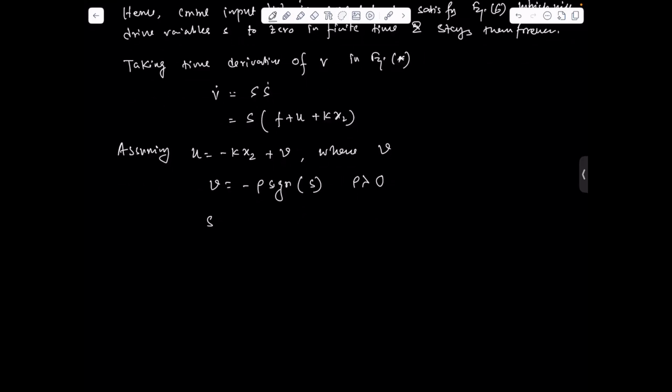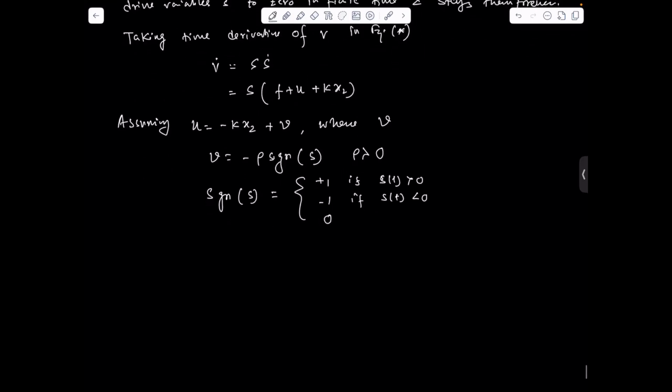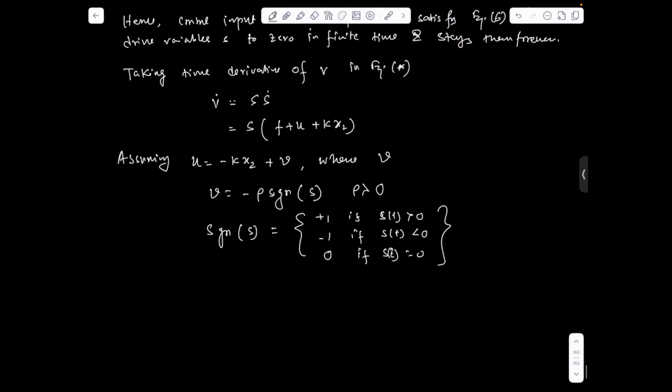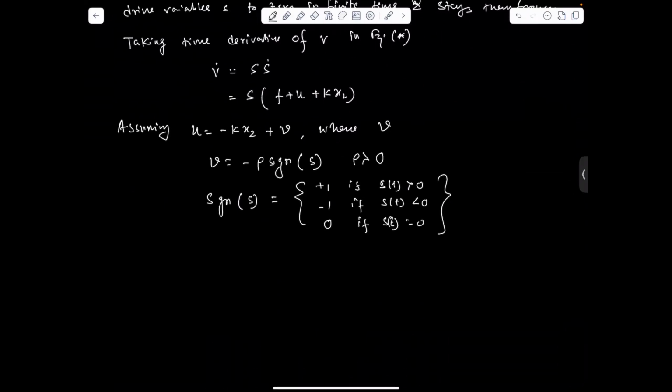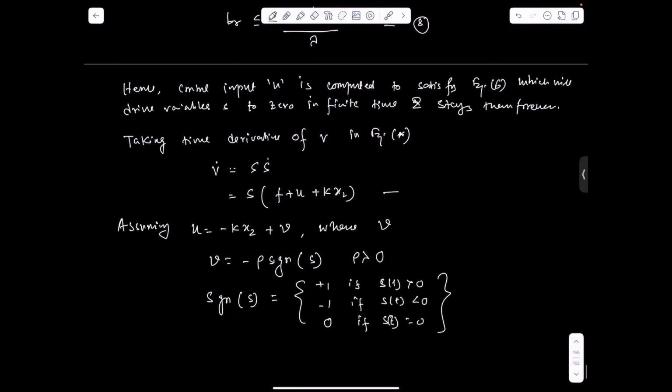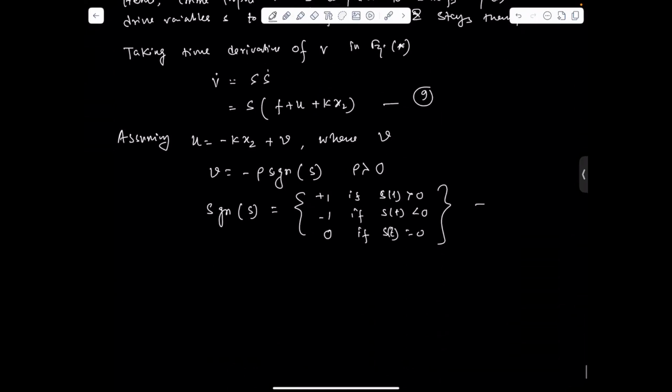The signum function we can write as plus 1 if s is greater than 0, minus 1 if s is less than 0, and 0 if s equal to 0. Let us define these as equation 9 and 10.